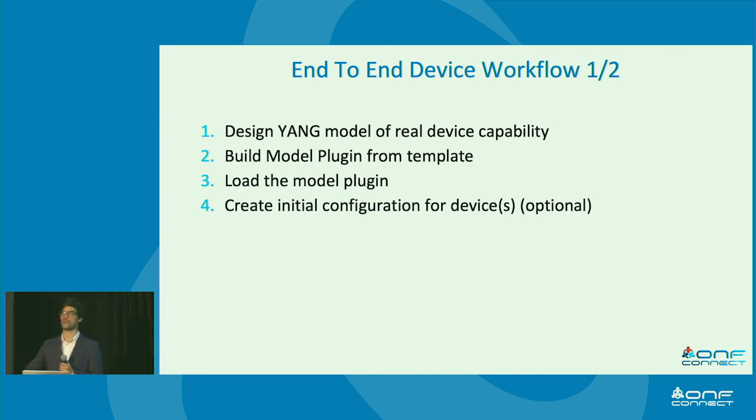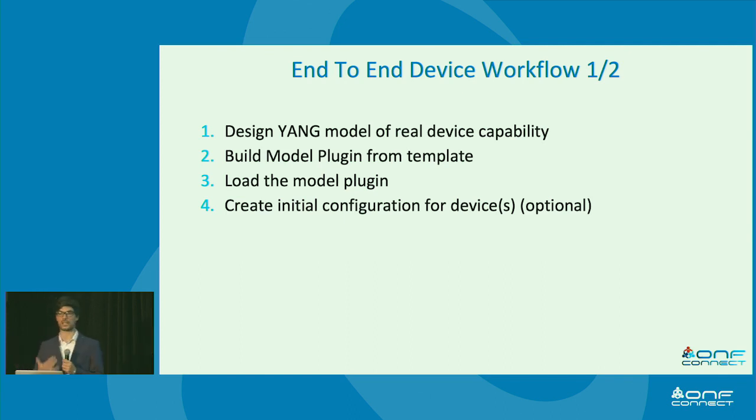So in that way, onos-config takes it. After you build it, you load it, and that way, onos-config now knows that when it's bound to a device, thanks to its name, it's actually something that it can leverage to make proper configuration to the device. You can also, before connecting your device, create an initial configuration.